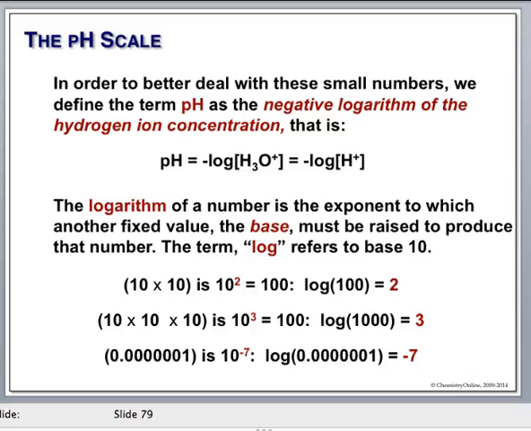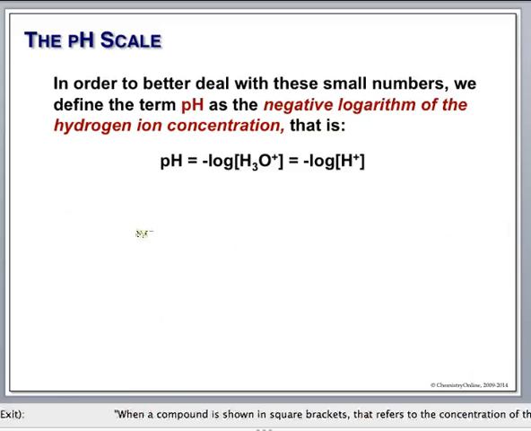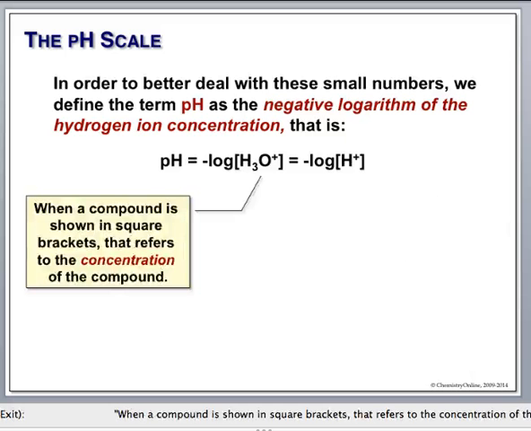Now when we take the pH, we're going to take the logarithm of something. And because it's a negative logarithm, we're just going to change its sign. So, let's see how this works. pH is the negative logarithm of the hydronium ion concentration. Remember, anything in square brackets like this means molar concentration.